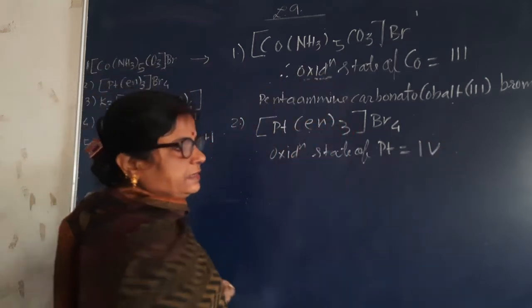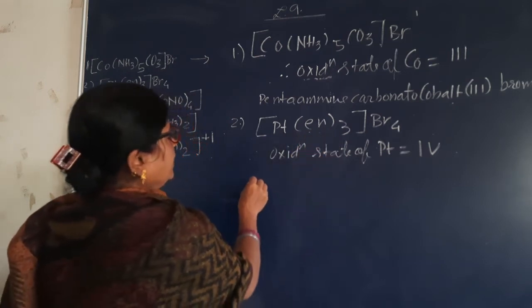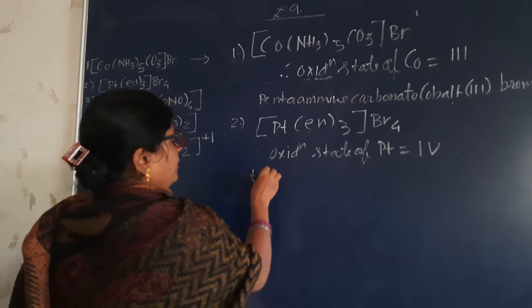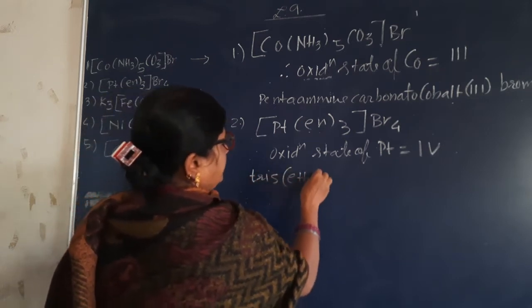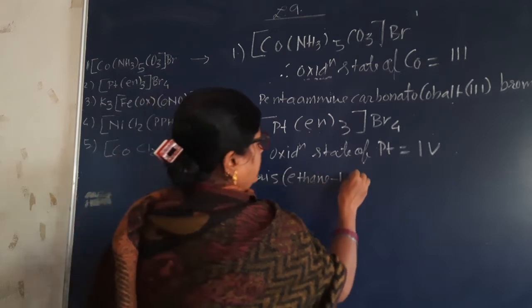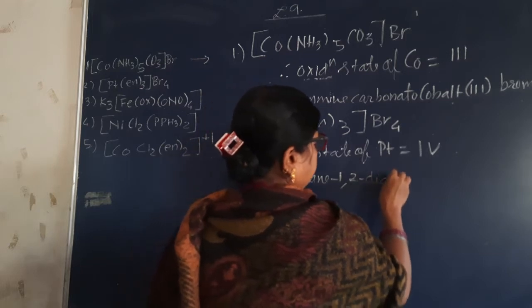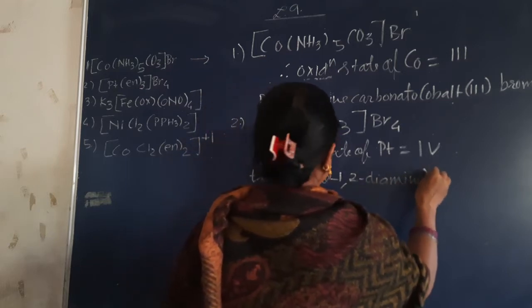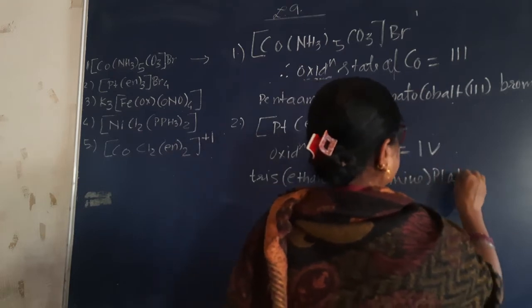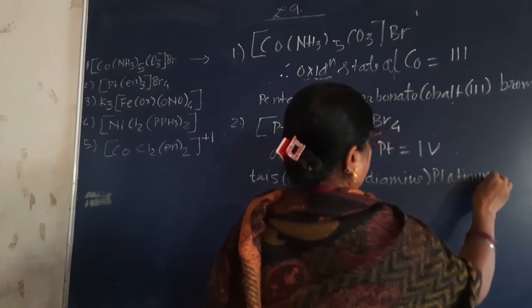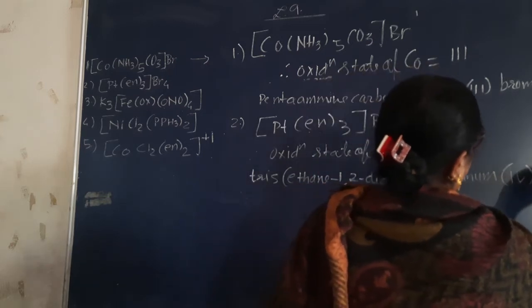En means ethane-1,2-diamine. So it already has numerals in it, so we will use here tris. See, tris(ethane-1,2-diamine), central metal atom platinum, then oxidation state 4, and then bromide.